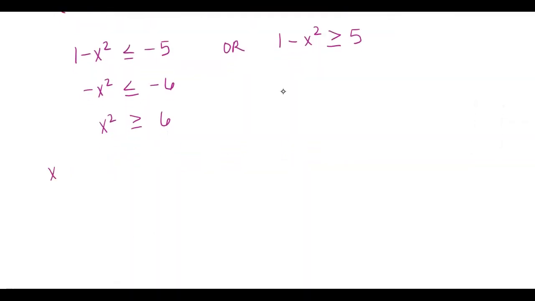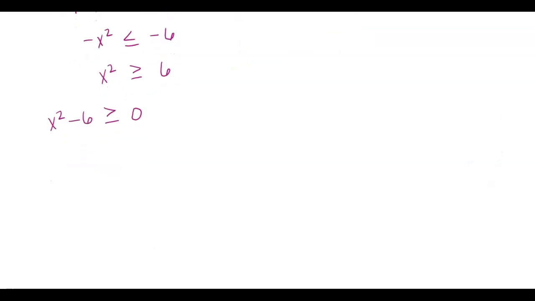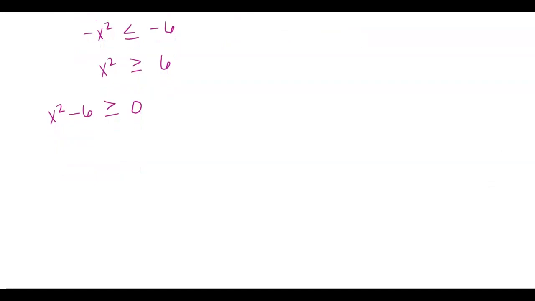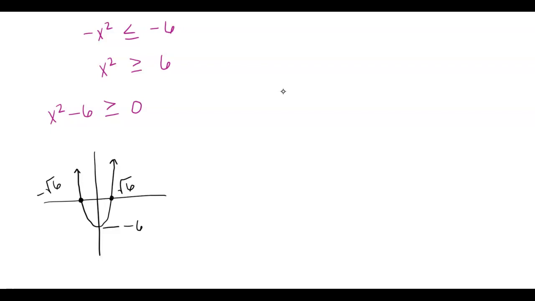I'm going to write this as x squared minus 6 is greater than or equal to 0 so that I can draw a graph to think about this. It's a parabola shifted down by 6 units. So this is at negative 6. And this value here is negative square root 6. And this value here is positive square root 6.